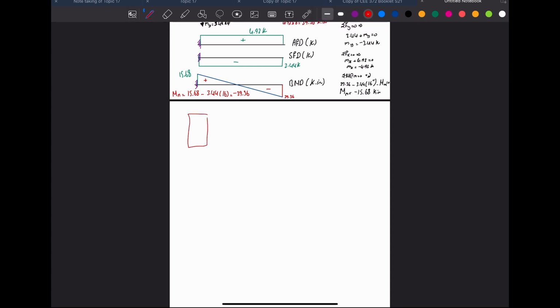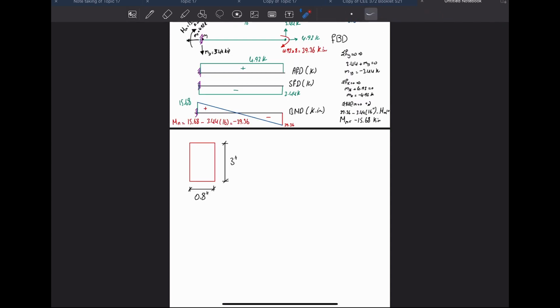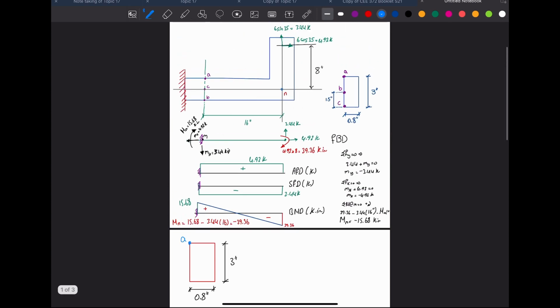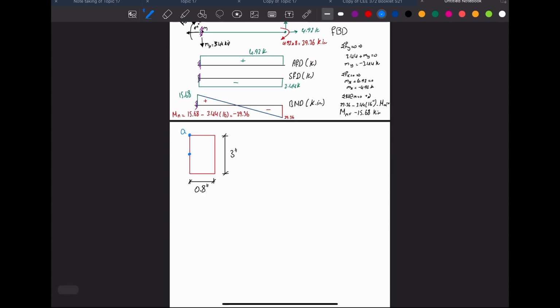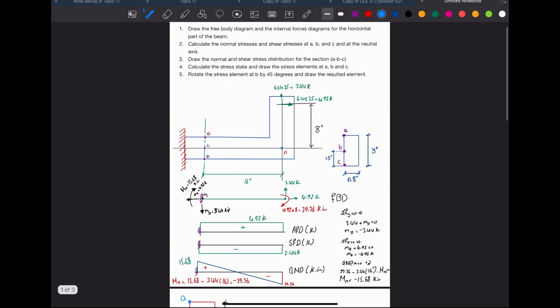Here's the cross section, and here's the point where I want to calculate the stresses, which is A, and at the centroid here is C, and lastly B. I knew it's at the centroid because the whole height of the cross section is 3 and half of it is 1.5, so 1.5 is the centroid.